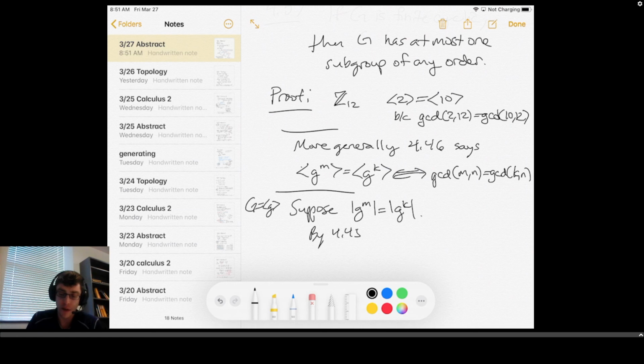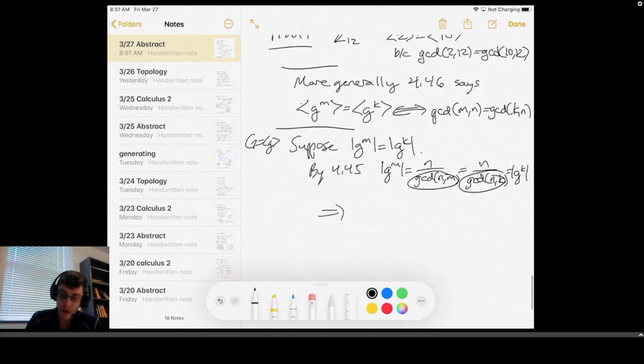By 445, this means that the order of g to the m is n over the GCD of n and m, but this is equal to the order of g to the k, which is going to be this guy. Well, that means these must be equal, right? So we know the GCDs are equal. And then by 446, we get that their subgroups are equal.